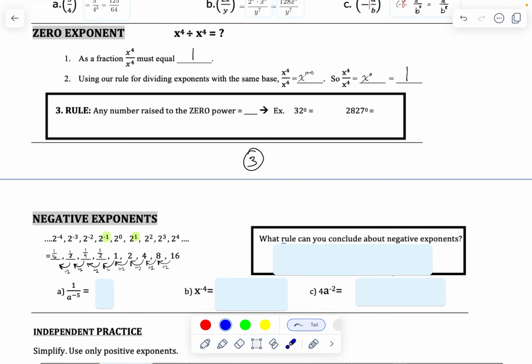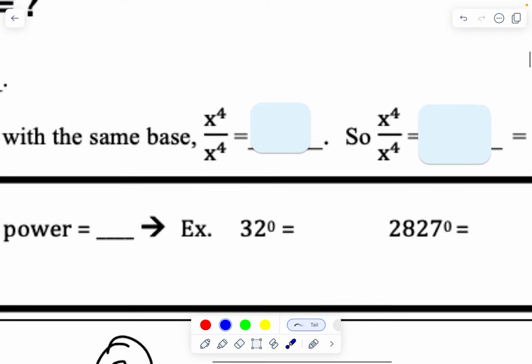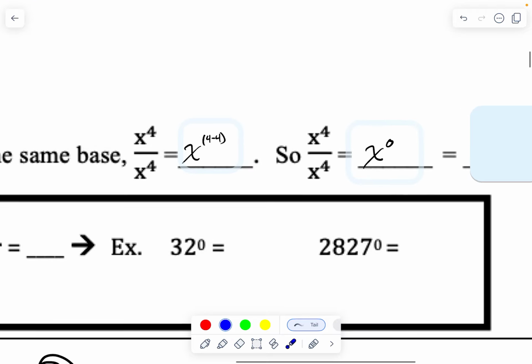All right, so let's talk about zero exponents and what that is going to equal. So if I have x to the 4th divided by x to the 4th, we might say, well, anything divided by itself has to equal 1, and that's true. But if we think about a rule for dividing exponents, x to the 4th divided by x to the 4th should be x to the 4 minus 4, which would mean it would be x to the 0.